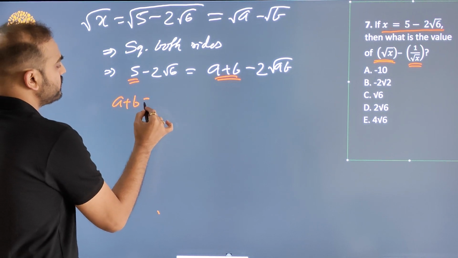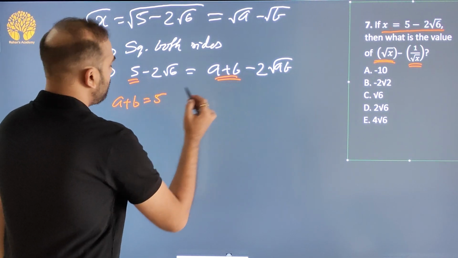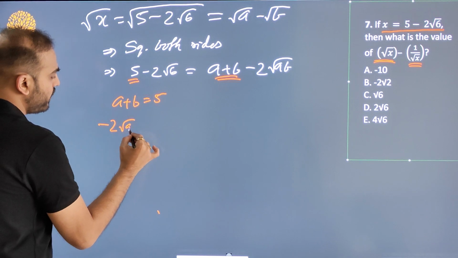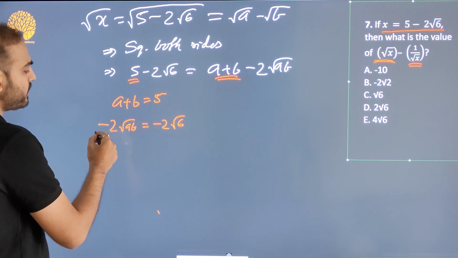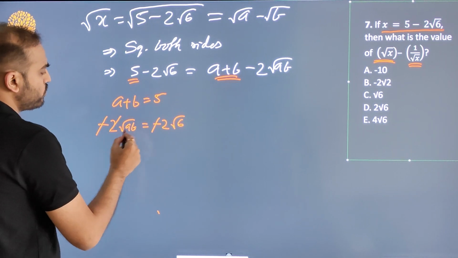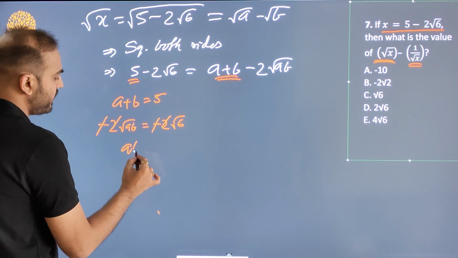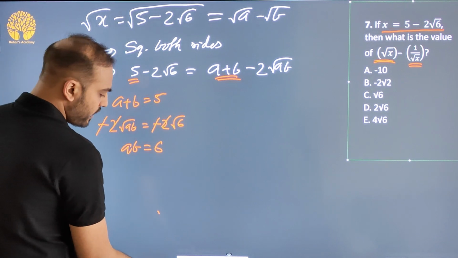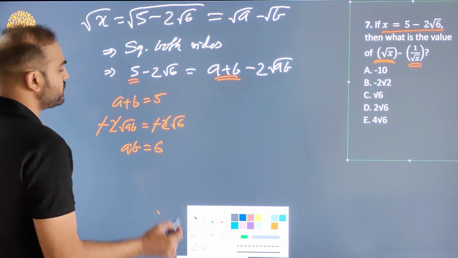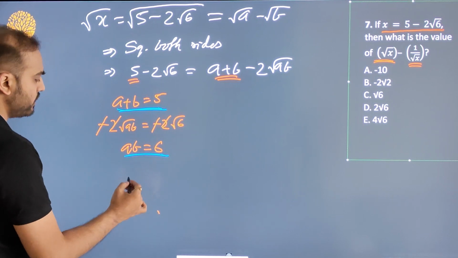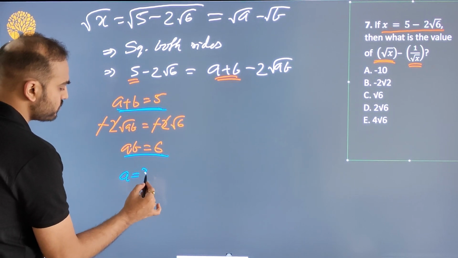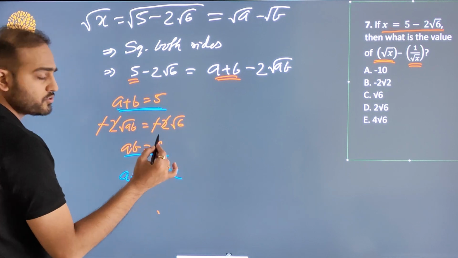So a plus b is 5, minus 2 root ab is minus 2 root 6. Minus minus cancels, 2 cancels. Square both sides, ab is 6. Again, think of numbers. a plus b is 5, ab is 6. The numbers are 3 and 2. So a is 3, b is 2.